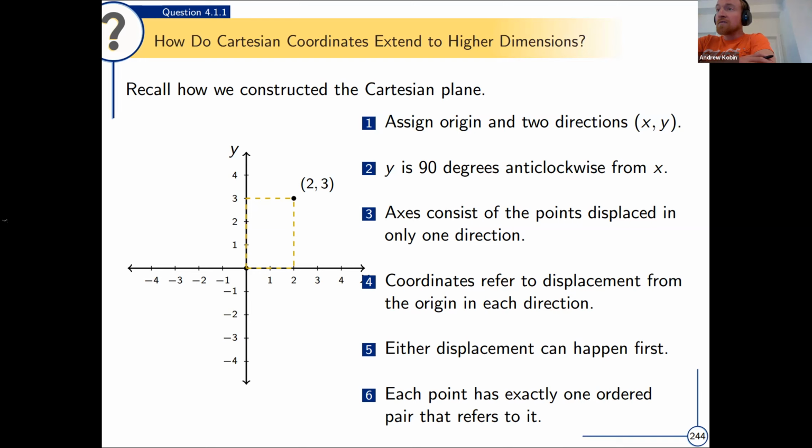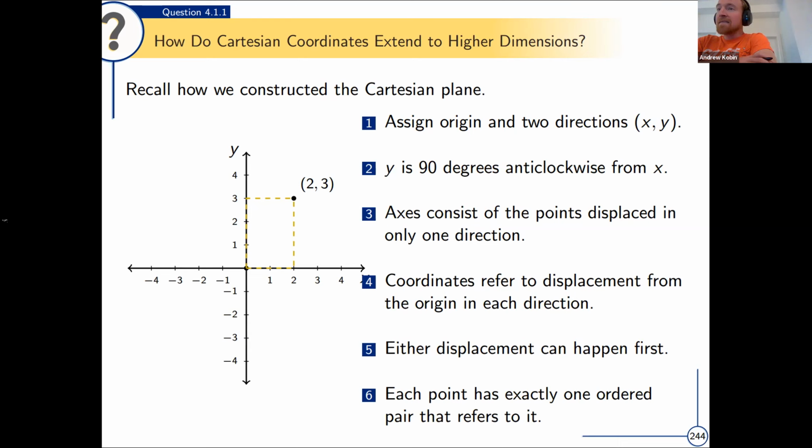This is just some starting place from which we can walk some number of steps or units away in two different orthogonal or perpendicular directions, the x and the y direction, and get to any point in the xy plane. So we first assign an origin or a starting place. We call that 0, 0. And then we assign two different directions that are 90 degrees or orthogonal or perpendicular from each other.